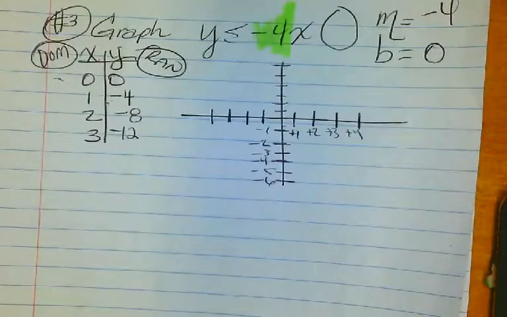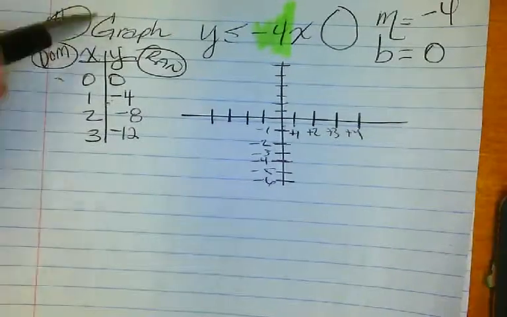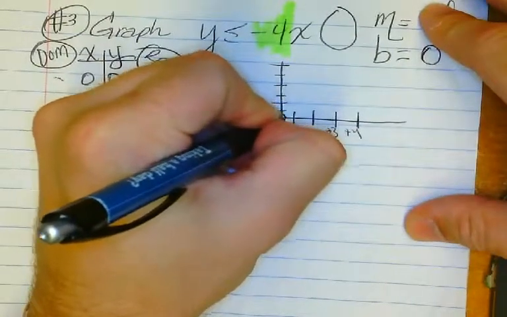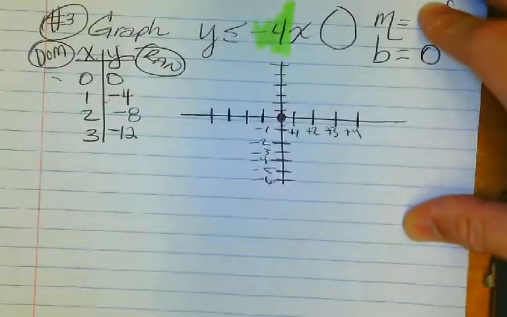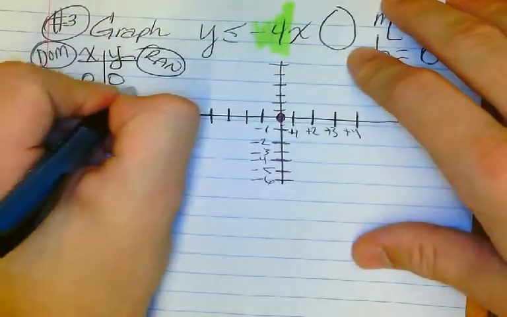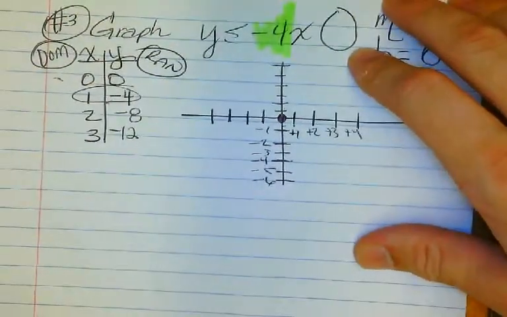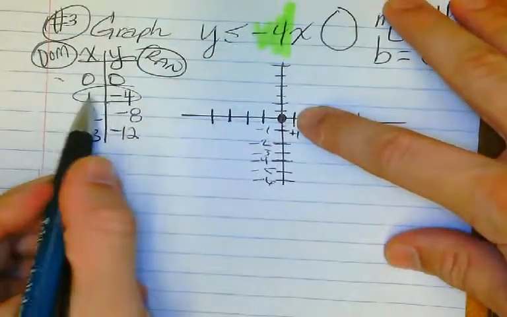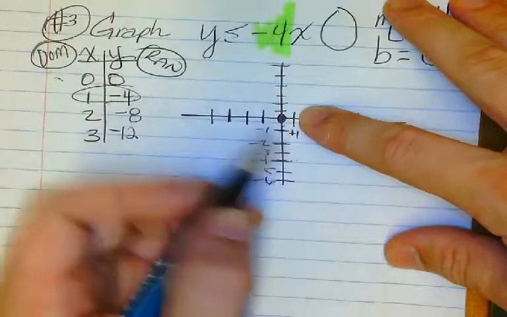All right, now we just need to fill in our little dots here. We got 0, 0. So go to 0, 0. The next coordinate point you get to is 1, negative 4. So come to where x is 1 and y is negative 4, and that happens right here.